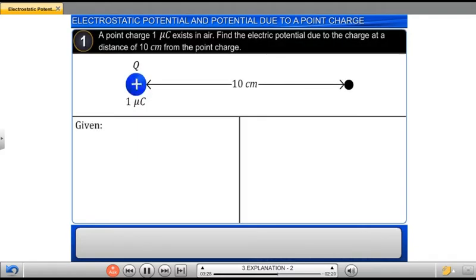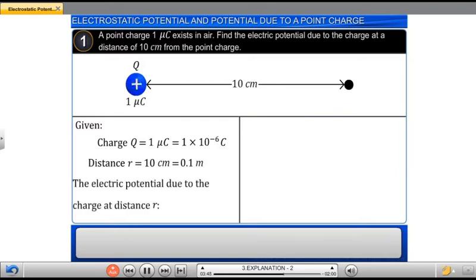Given that charge Q equal to 1 microcoulomb equal to 1 into 10 raised to the power minus 6 coulomb. Distance from the charge is r equal to 10 centimeter equal to 0.1 meter. The electric potential due to the point charge at distance r from it can be calculated using the formula V is equal to 1 by 4 pi epsilon naught into Q by r.